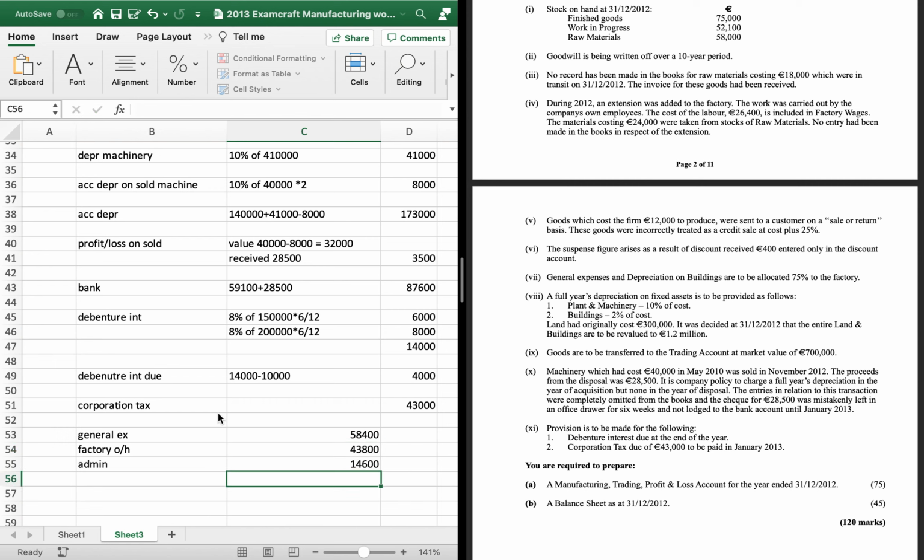We'll just split it up that way, and the same then for our depreciation of buildings, which was the 11,000.